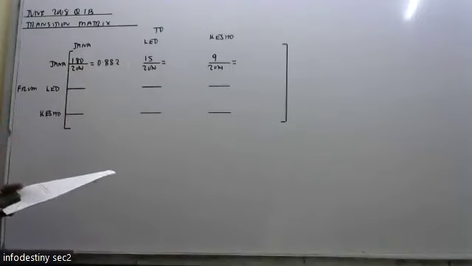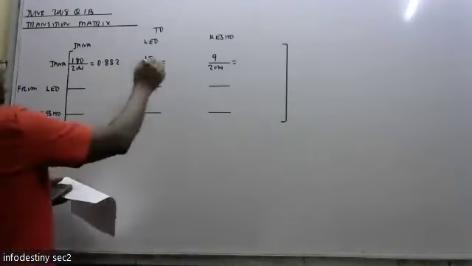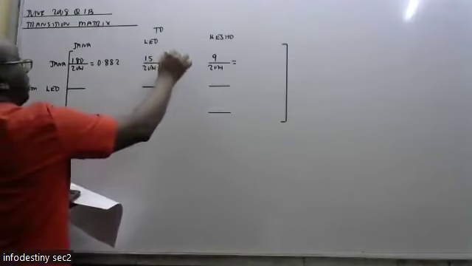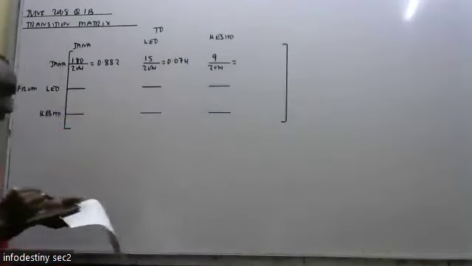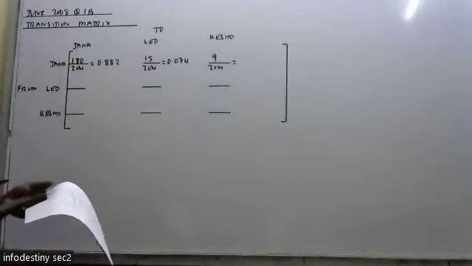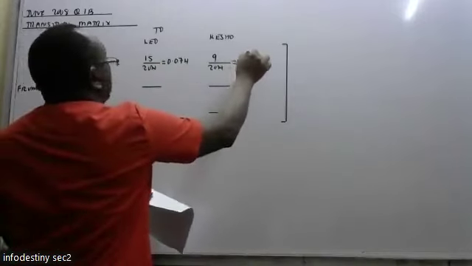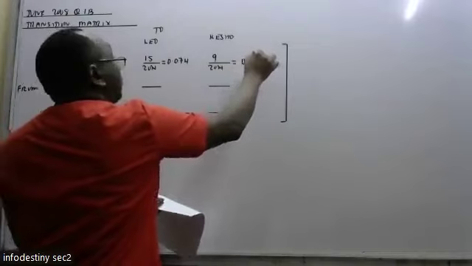15 divided by 204, you will get 0.074, to 3 decimals. And 9 divided by 204 is going to be 0.044.